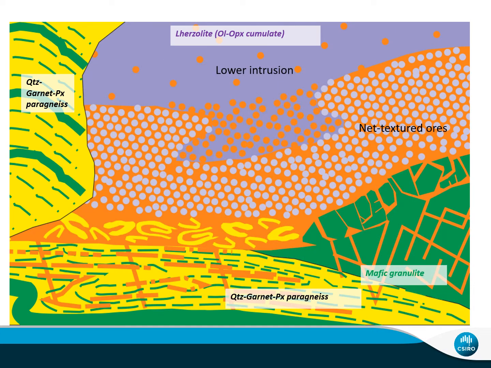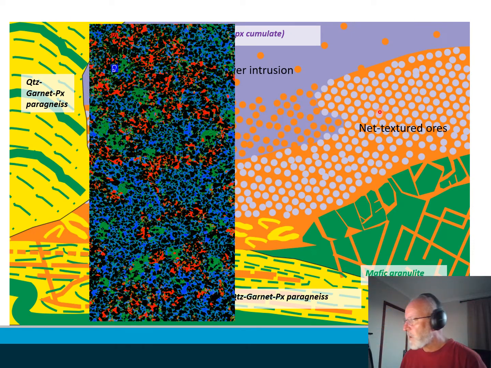And you've actually seen this image before. This is an XRF image of a slightly lower grade, heavily disseminated or patchy disseminated sample. In this case, the red is sulfide, the black is olivine, and the blue and green are two different pyroxenes and plagioclase.